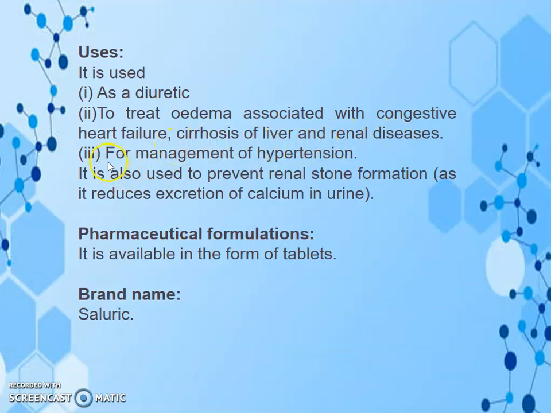It is also used for management of hypertension. It is also used to prevent renal stone formation as it reduces excretion of calcium in the urine. Pharmaceutical formulation: it is available in the form of tablet and the brand name is Saluric.